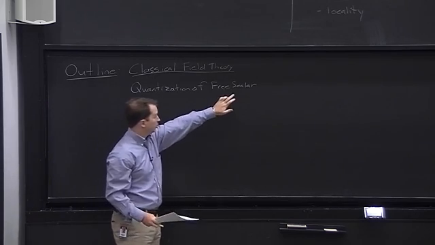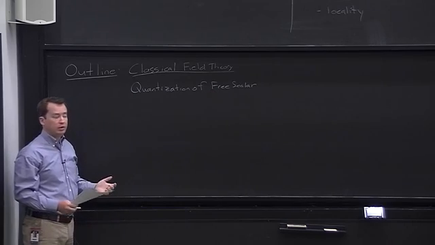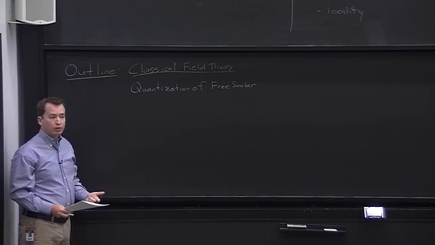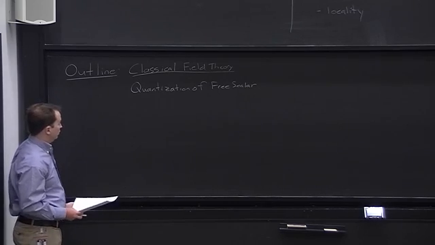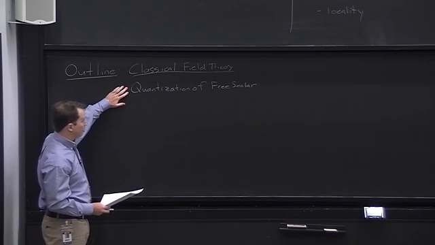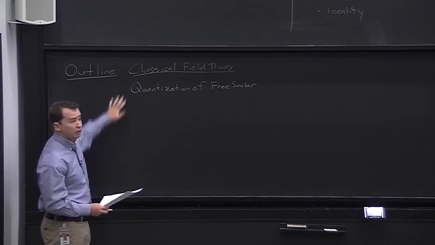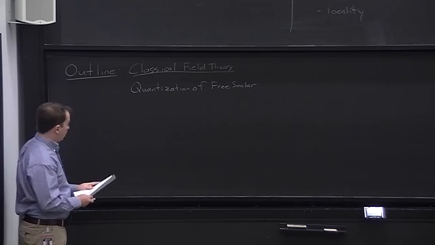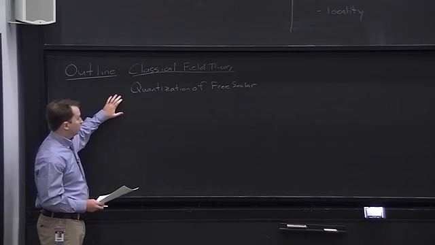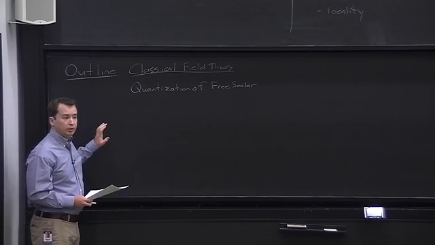It's got no spin, no interactions, and it will allow us to develop some of the tools that we'll need when we study more interesting interacting field theories. Although we'll see there's already some very interesting new things that occur that you may not expect once we quantize the free scalar field.